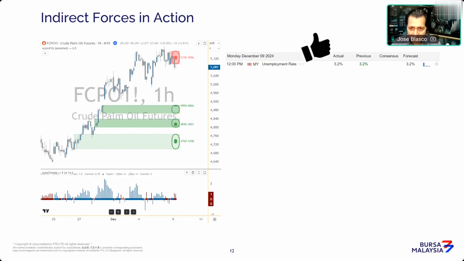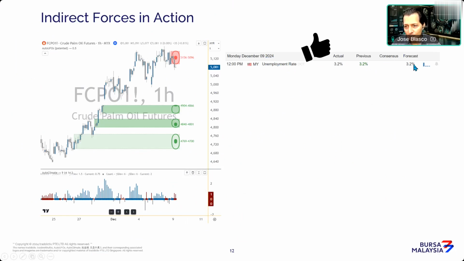So now let's take a look at another example, and maybe, just maybe, now we get to understand why. So this is now December 9, 2004, just a few days before, we have the unemployment number reported at 12 p.m. Malaysia time. The prior number was 3.2.